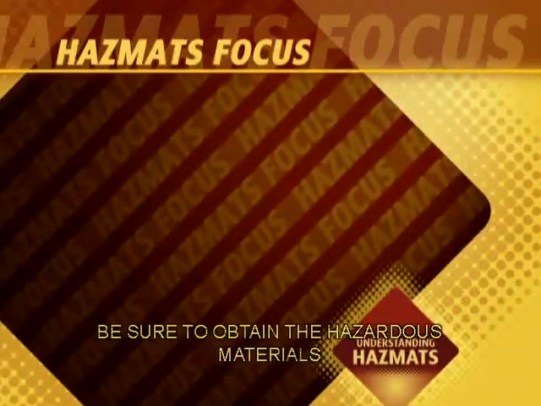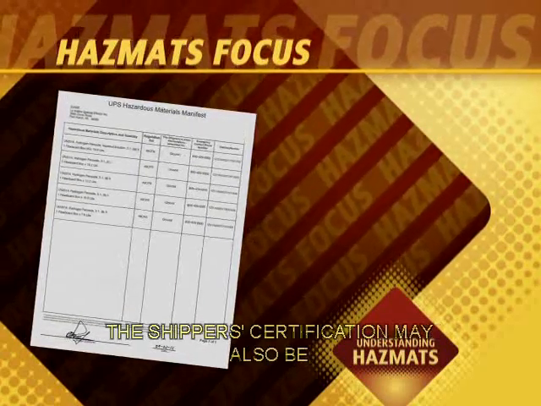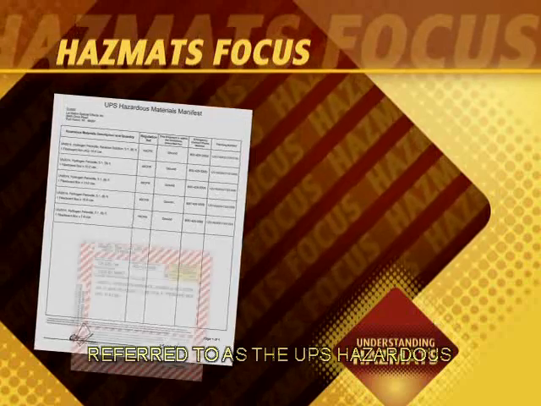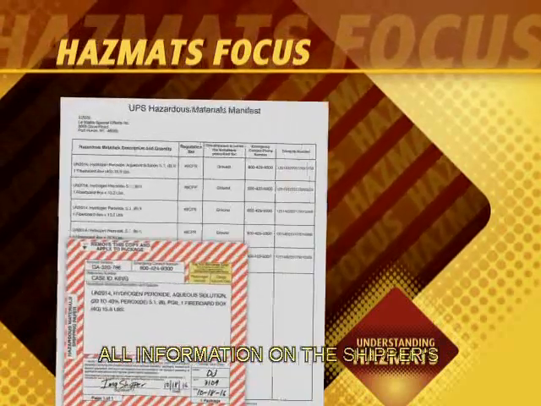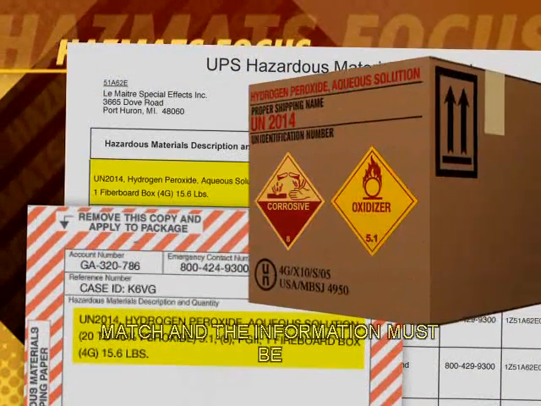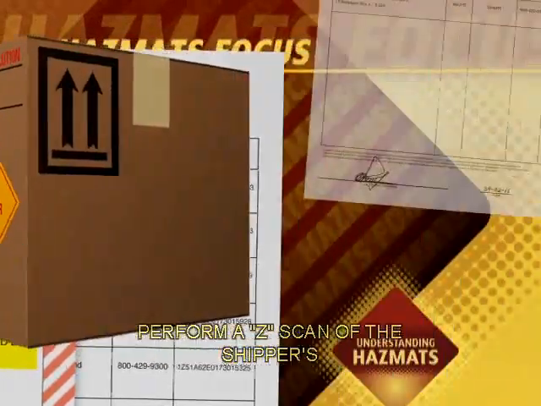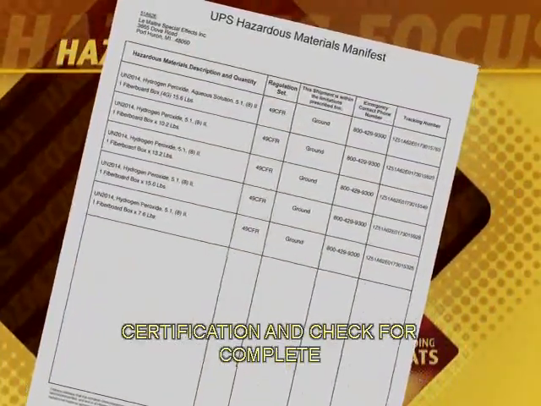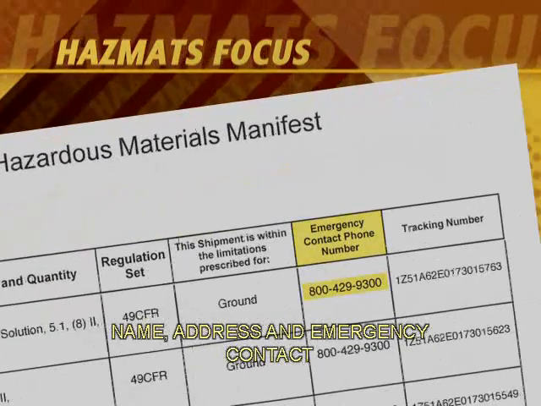Be sure to obtain the hazardous materials shipper certification from the customer. The shipper certification may also be referred to as the UPS Hazardous Materials Manifest. All information on the shipper certification and shipping paper must match. The information must be consistent with the marks and labels on the packages. Perform a Z-scan of the shipper certification and check for complete name, address, and emergency contact number.